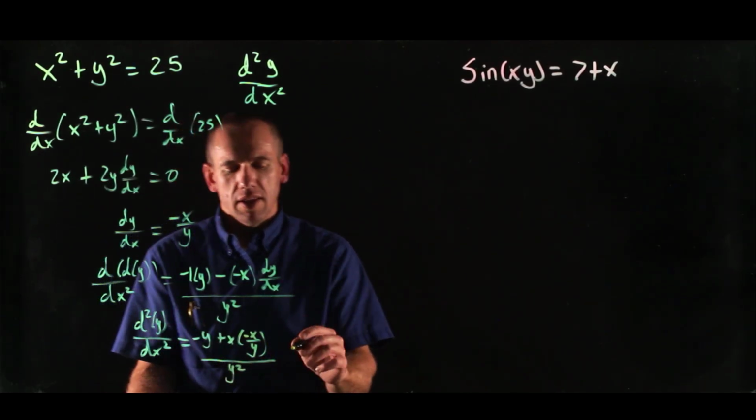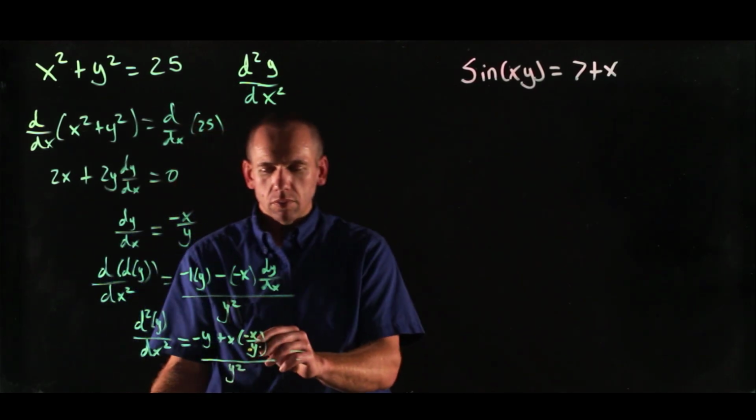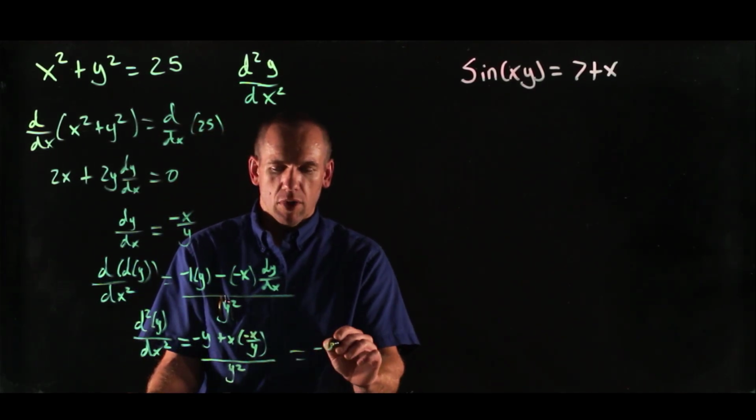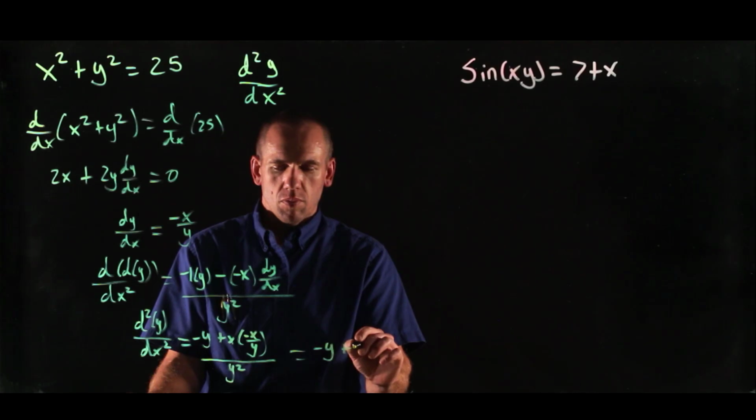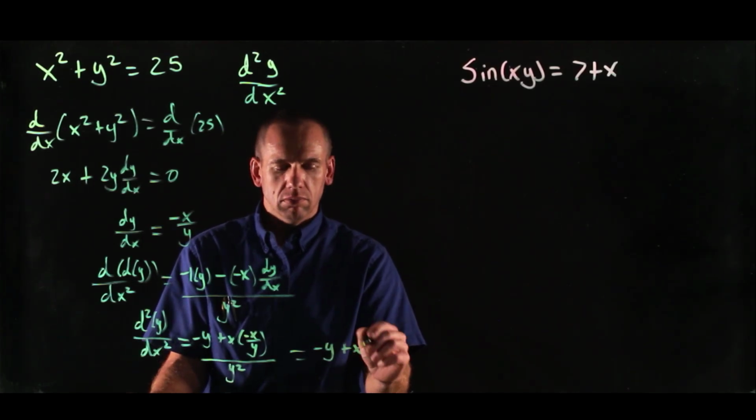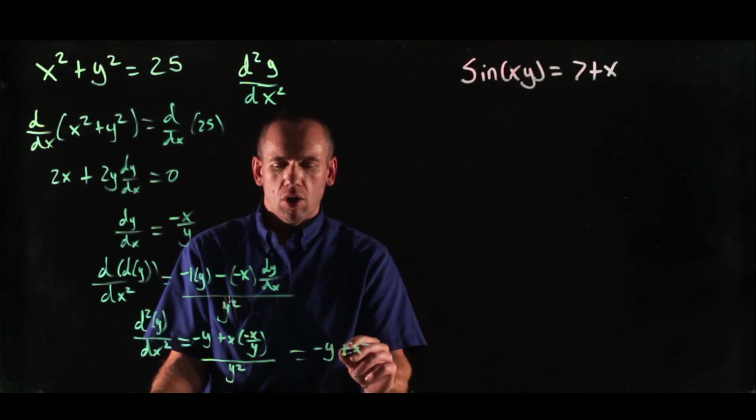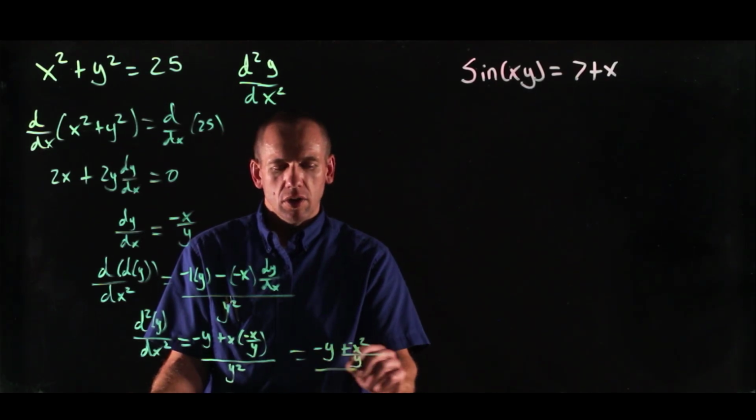And now this is equal to, we have negative y plus x squared plus a negative x squared all over y, all over y squared.